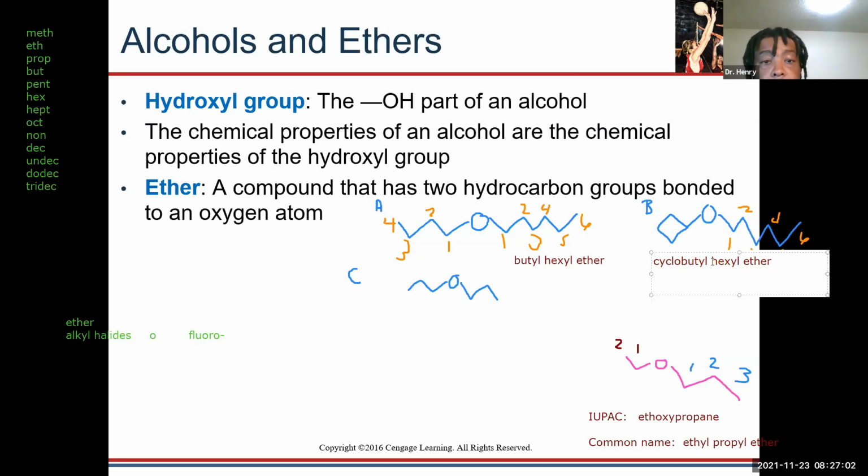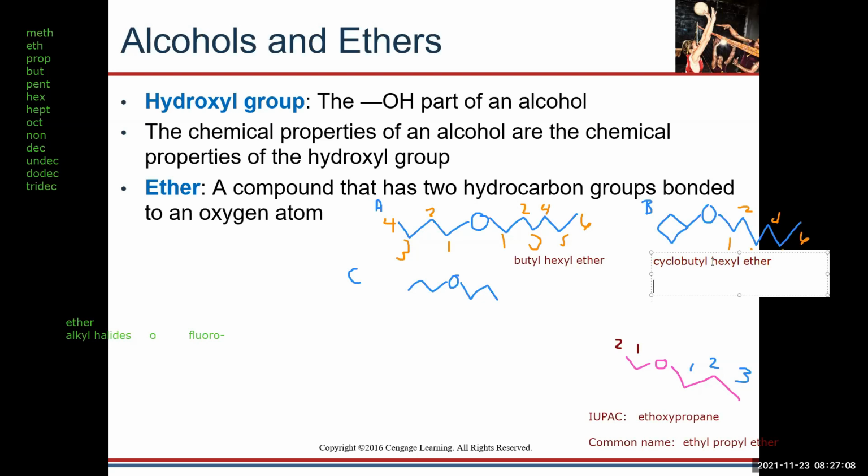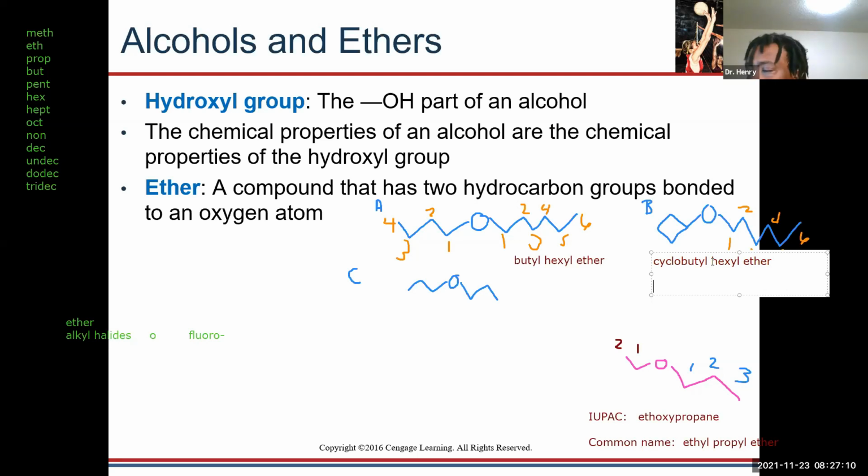Now that's the common name. Common name is fine. Like I said, you'll have the option of doing the common name or the IUPAC name. So for the IUPAC name, again, you want to take the one that has the longest carbon chain. So this guy, longest carbon chain, gets the ane, and the other side gets the prefix.